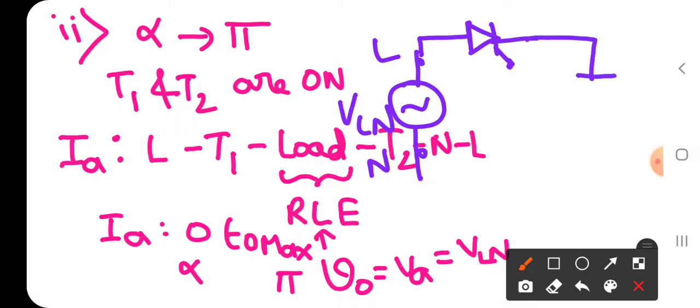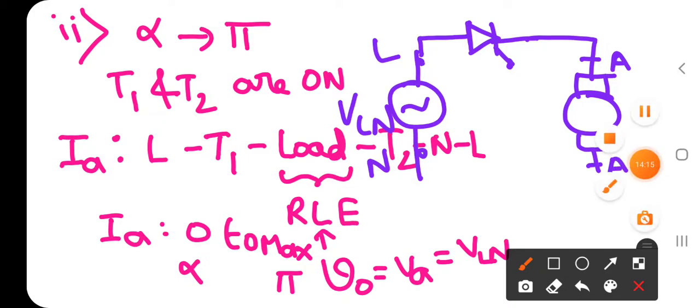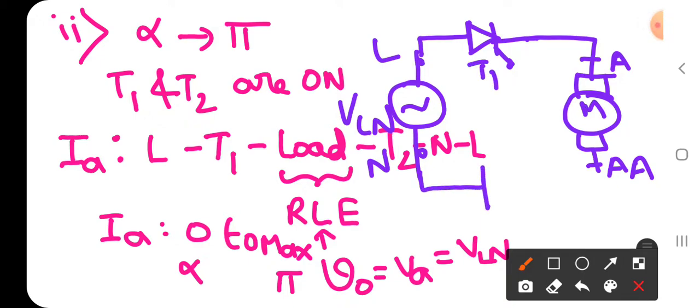Then it goes to the motor, that is the armature terminal, AA, and here it is the motor. This is T1, T2, like this.